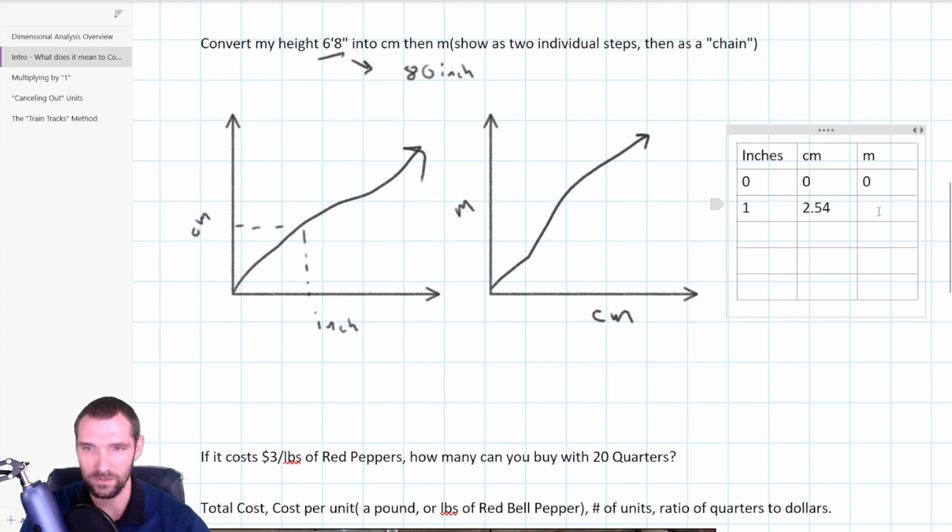We can also convert that into meters, but we don't need to right now. I know that if we have 100 centimeters, that's going to be equal to 1 meter. We don't need to fill in those other numbers right now; they're just placeholders.